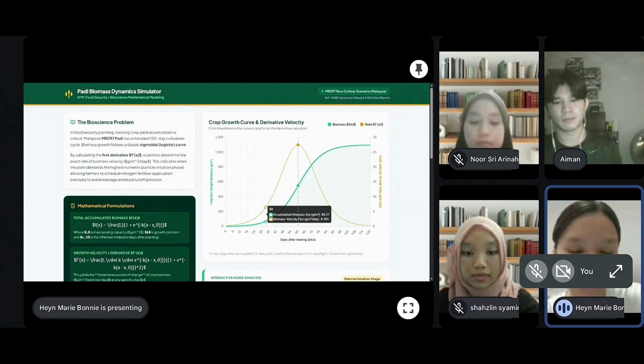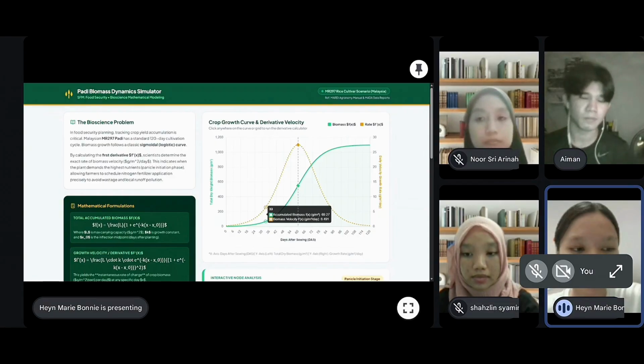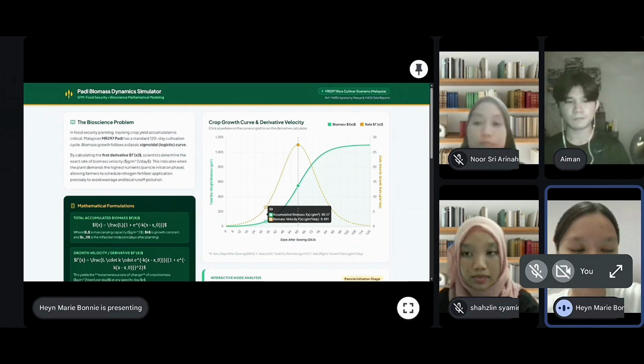My name is Heyn Boni, and today I will be presenting my HTML project titled Malaysian Paddy Crop Growth Velocity Simulator, a tool designed for food security and bioscience mathematical modeling.